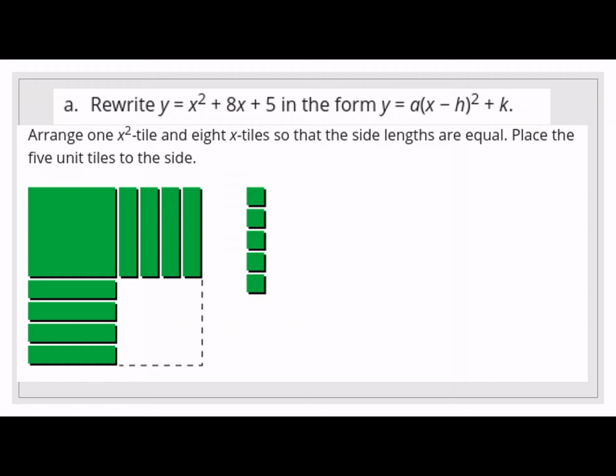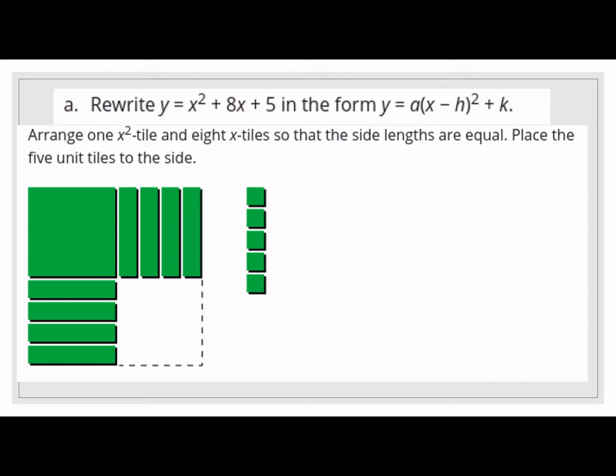So again, we're starting off with our algebraic tiles just to have the visual of what we're actually doing, and then we'll go through the algebra as well. So we've got 1 x squared and 8 tiles.